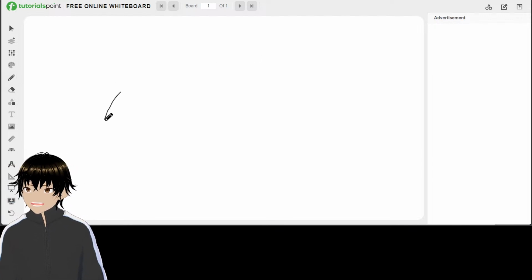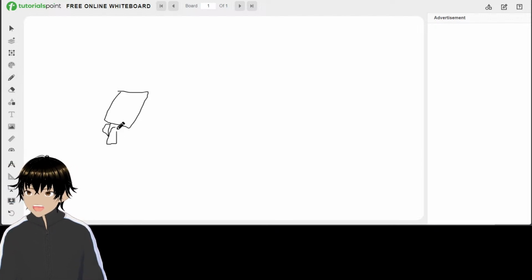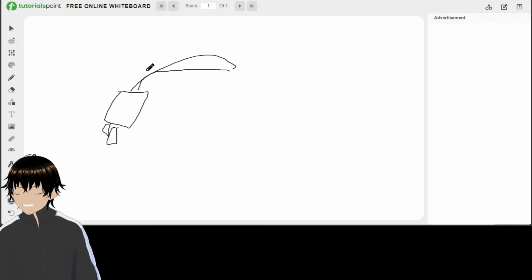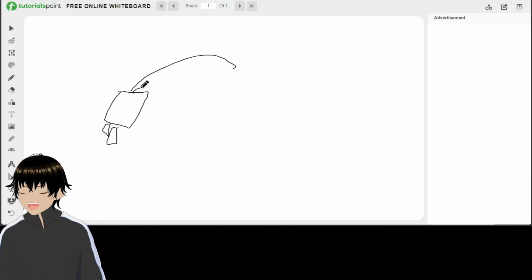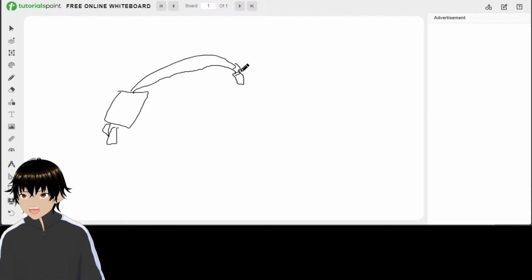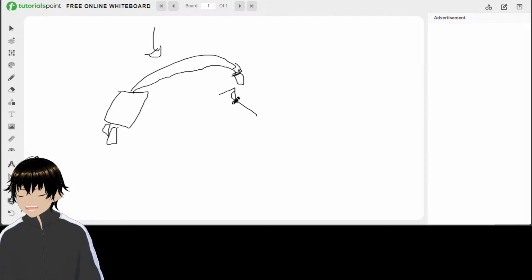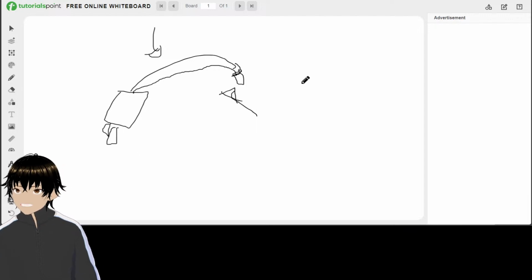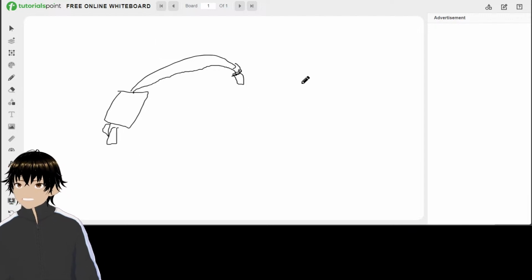Sorry for the bad drawing. This is the cable, this is the plug, and this is for the charging port. So we have a charger right here.